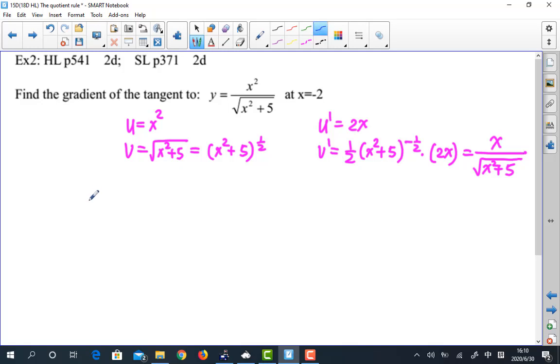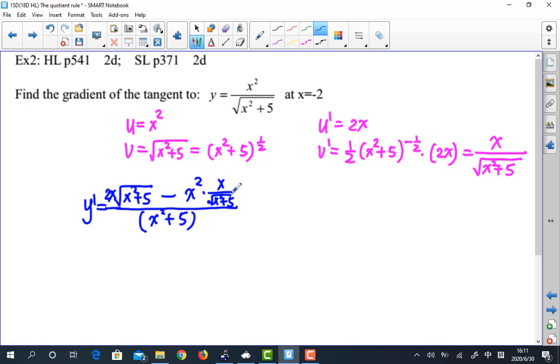So the differentiation for y prime should be low d high minus high d low, divided by v squared too. The square of v should be x squared plus 5.